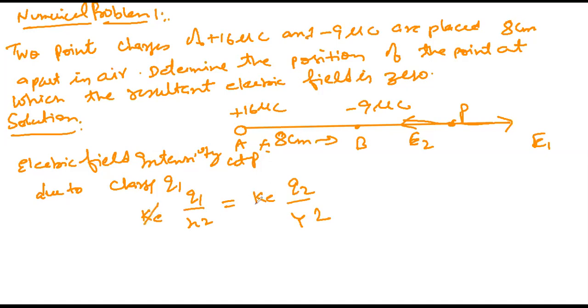So K_e cancels. What will you get finally? X square divided by y square is equal to q1 upon q2. Are you following it? Yes, sir.